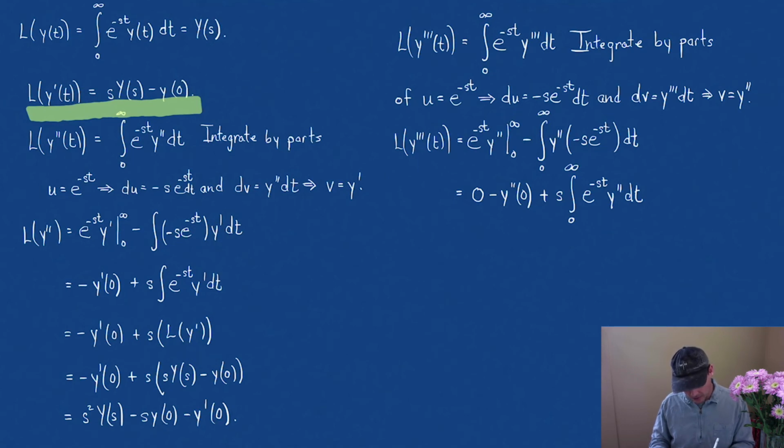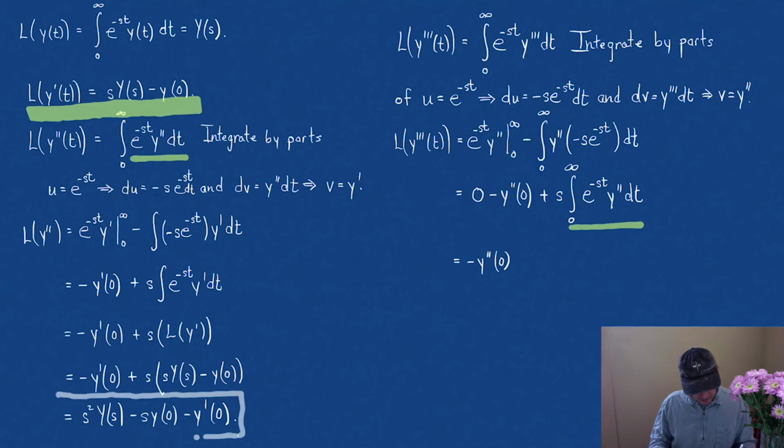This integral right here is the Laplace transform of y double prime. And fortunately for us, we know that. So let's plug in all that we have. We have a minus y double prime of 0. And the Laplace transform of y double prime is this one right down here. So let's just substitute that in now.